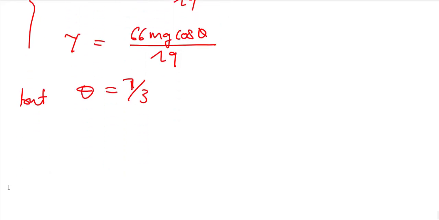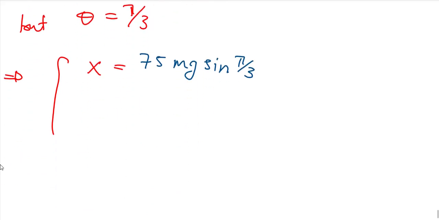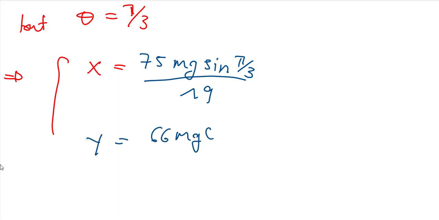So this means we have our x will be equal to 75 mg sine pi on 3 on 19, and y will be equal to 66 mg cos pi on 3 on 19.